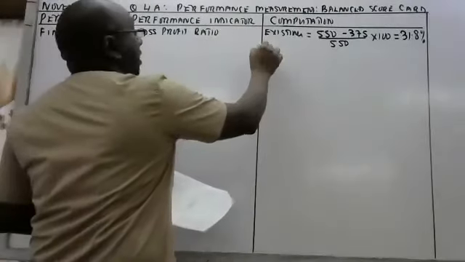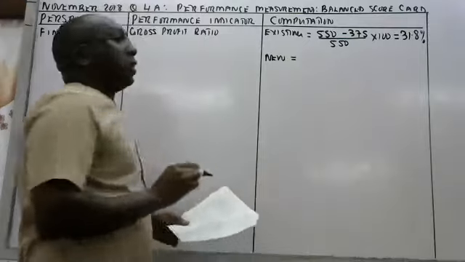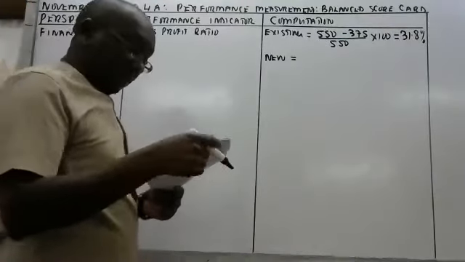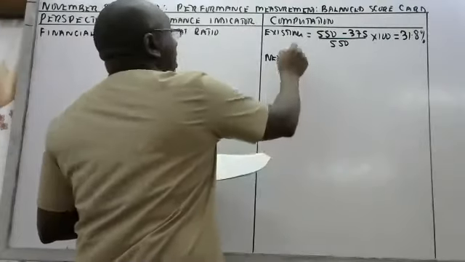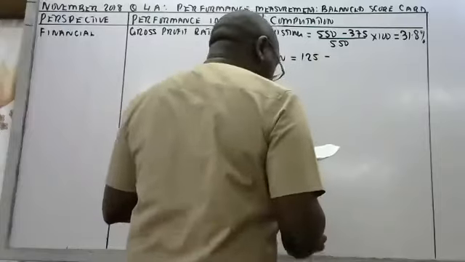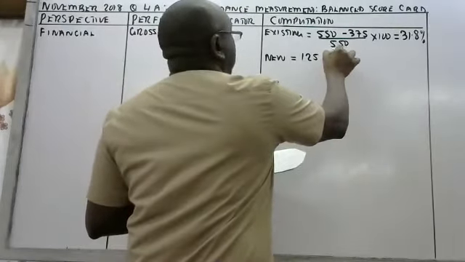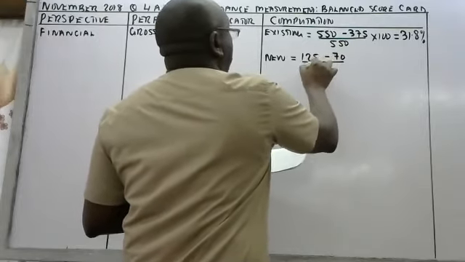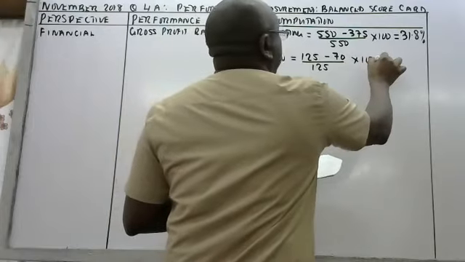For the new product, we do the same thing. The revenue is 125 and the cost is 70. You divide by 125 times 100.